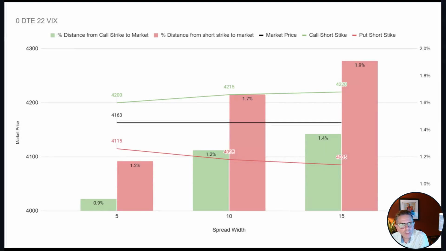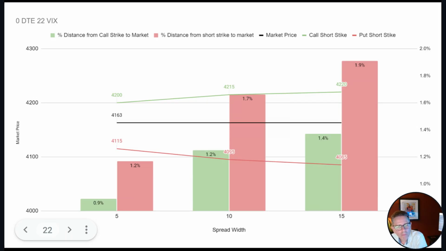Okay, so let's see here. So these are the distances from the market on a 22 VIX volatility. Okay, so the green is the call side, and the red is the bear side.